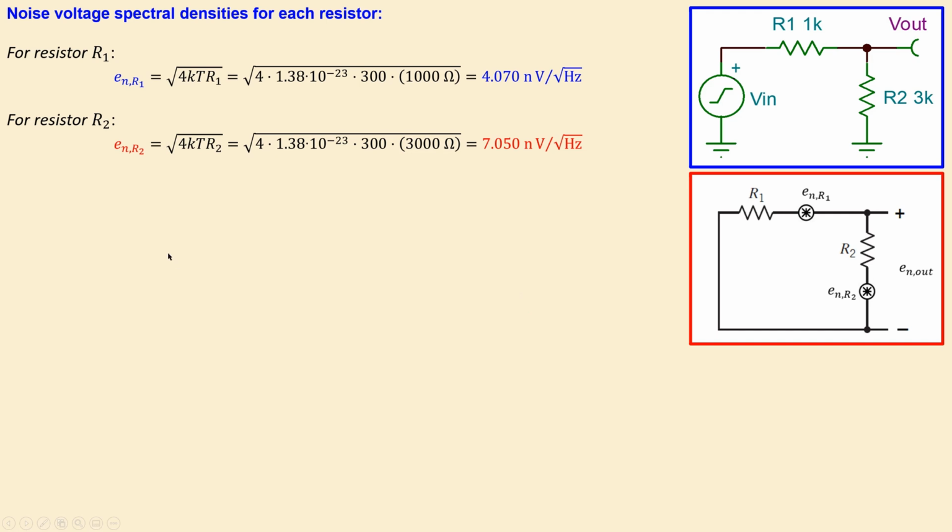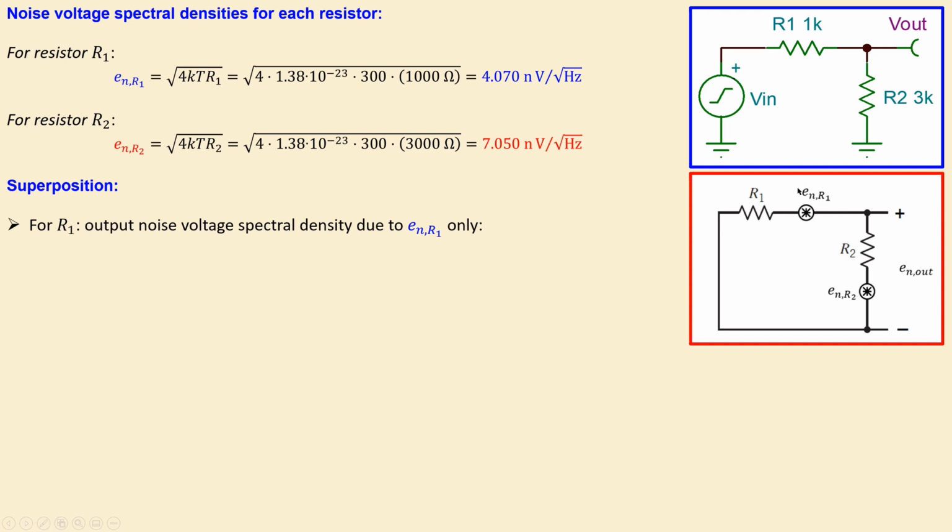Okay, now I have the two noise voltage sources, in spectral densities, in my model. Now what do I do next? I use superposition to take these two voltage sources and make them one noise voltage spectral density. For R1, the output noise voltage spectral density due to this source only is found by activating this source and looking at the value you get here.